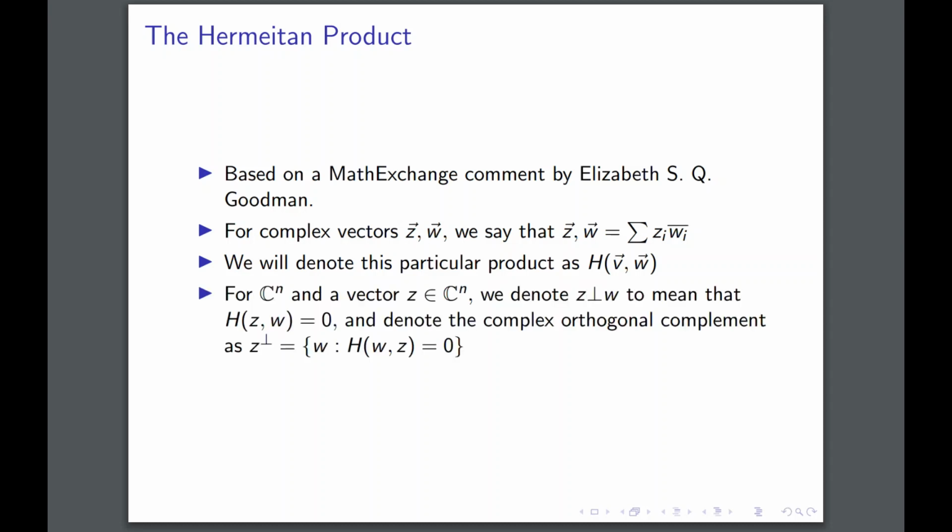And for Cn and a vector z, we denote z perp w to mean that the Hermitian product of the two is 0, and kind of like in the typical inner product sense, we denote the complex orthogonal complement to be just everything that is orthogonal to a given vector.